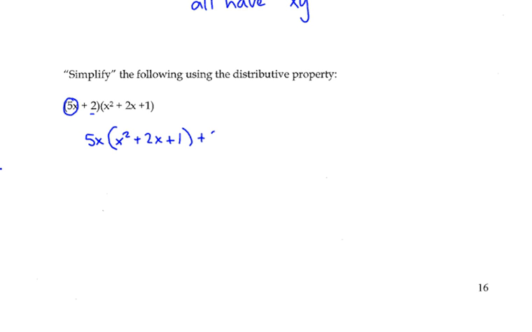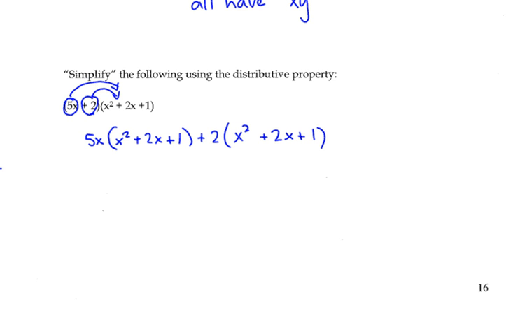Make sure you have your sign. The plus 2 times that whole trinomial. So really, is it much different than last day? No. The only difference is we're going to have more like terms. Okay, so let's expand this.